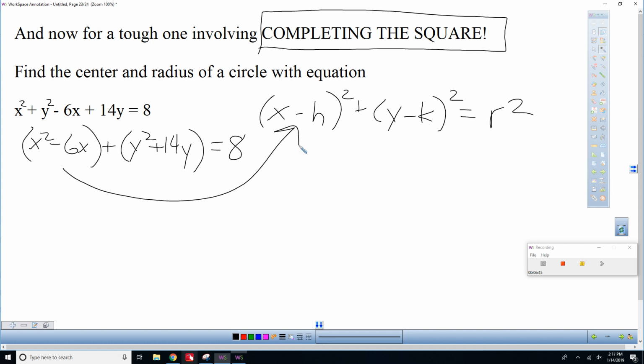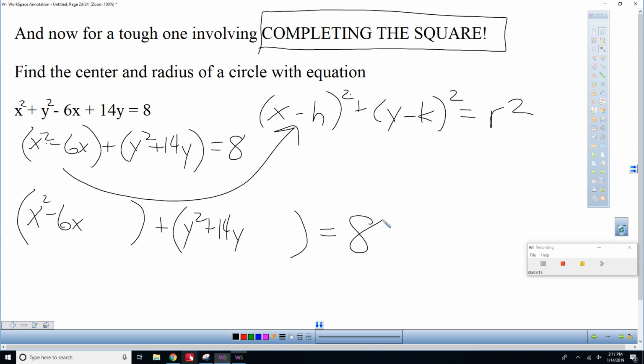The square is on the outside of the parentheses, where here our square is on the inside of the parentheses. So this is where the trick comes in. So here is the trick. Follow closely. Create space. So literally just rewrite it with more space to the right.